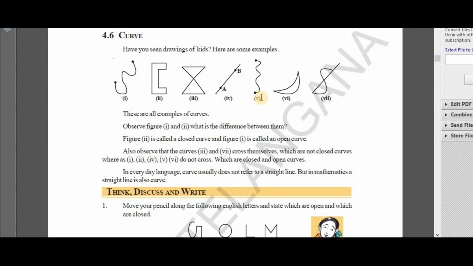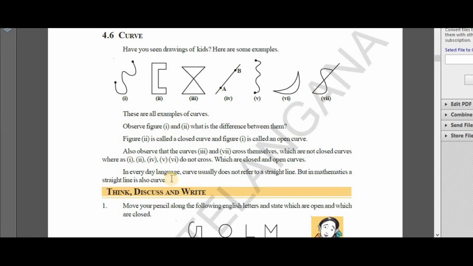Not only the 4th, the 5th one also does not cross itself. So these are the closed and open curves. The 3rd one and the 7th one do not belong to either closed curve or open curve.